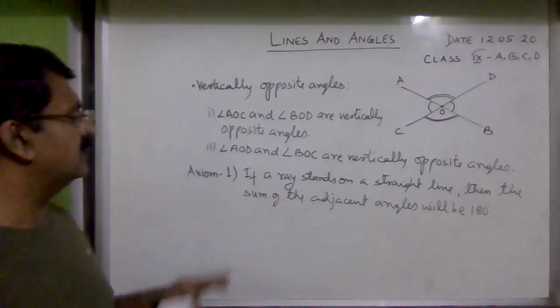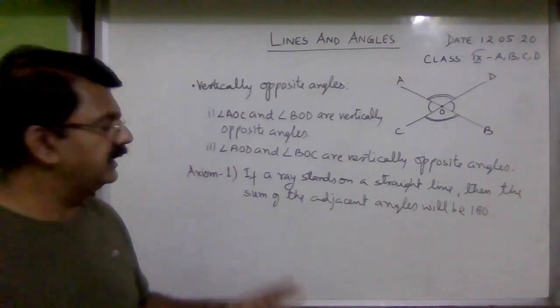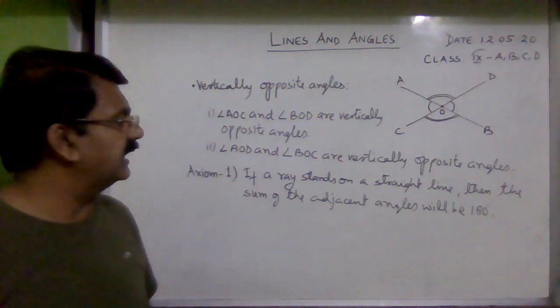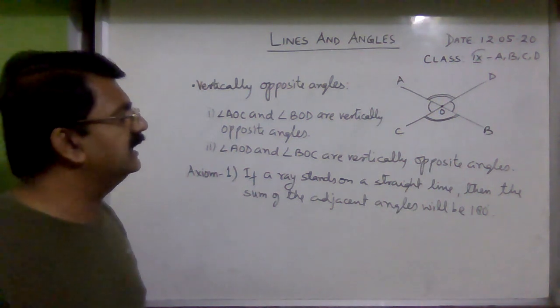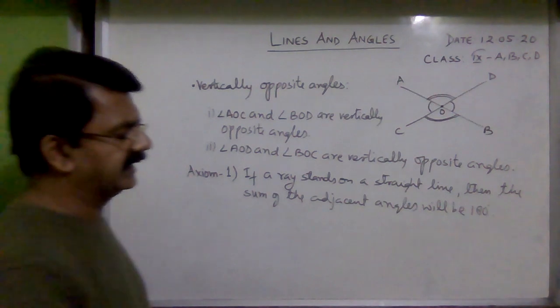You know, an axiom is where proving is not required. You just have to remember that if a ray stands on a straight line, then the sum of the adjacent angles will be 180 degrees.